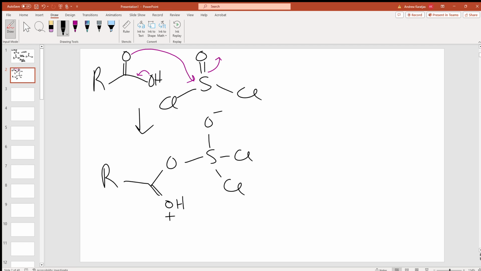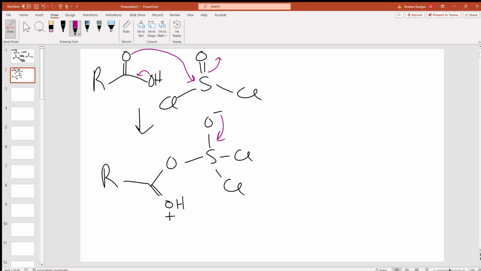The next step is also very much like something you'd see in an acyl substitution reaction. If you think about acyl substitution reactions, the first step is you attack the carbonyl, make a tetrahedral intermediate. The tetrahedral intermediate breaks down, kicking out a leaving group. So while this isn't exactly the same, we're dealing with sulfur here, not carbon, the next step does look very similar.